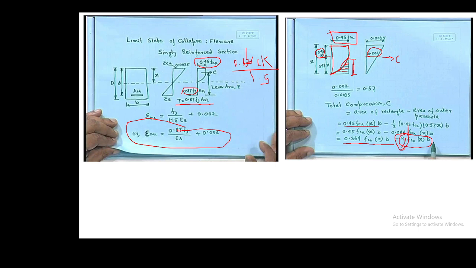This K value, on what will it depend? Consider that if K1 is changing, it means the position of C will change, and the lever arm will also change. Now, to change the lever arm, what can we think of? How will the lever arm be changed inside the section?